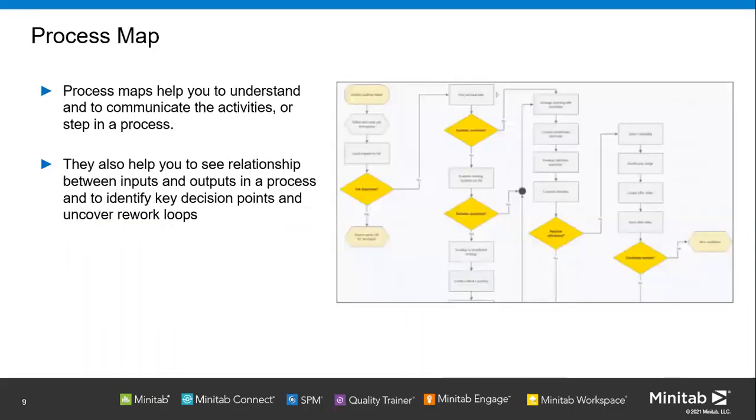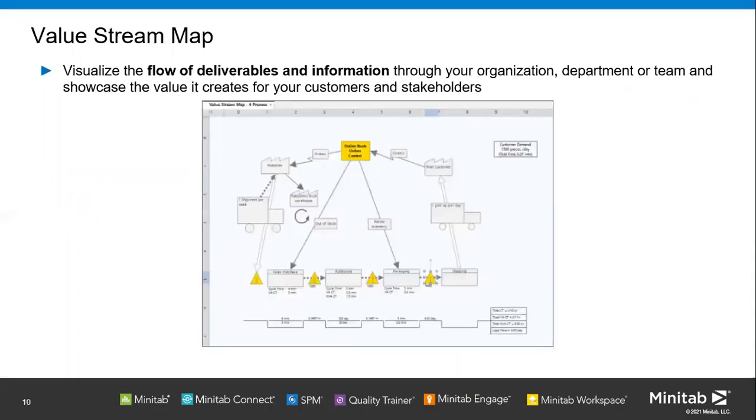And then, of course, this one is the most important. When starting process improvement, you start with the process map. Okay, so we also have something like this, which is a simple one. Maybe you want to see a more complicated one, you can go for the VSM. VSM is also available in the Minitab Workspace.